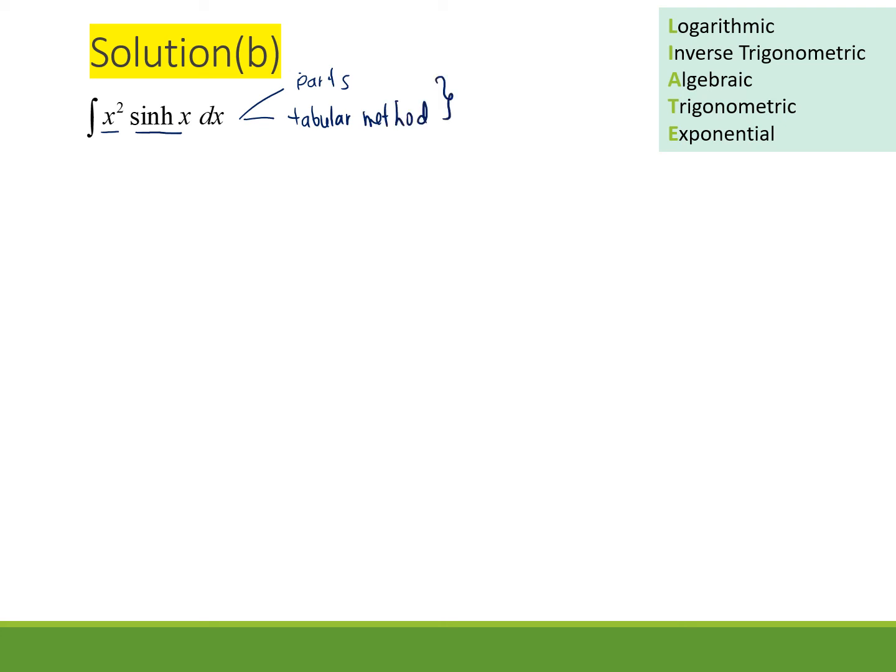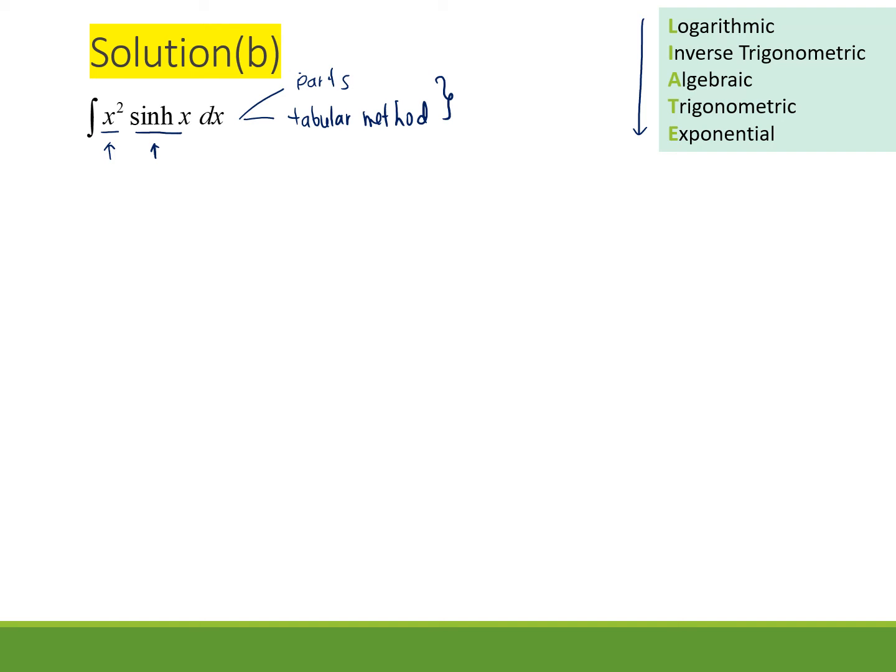Okay, for both of these methods, you have to determine from this function which one should be differentiated and which one should be integrated. I have mentioned in the review on integration in week 1 where I use this LIATE. Whichever comes first in this list should be differentiated.